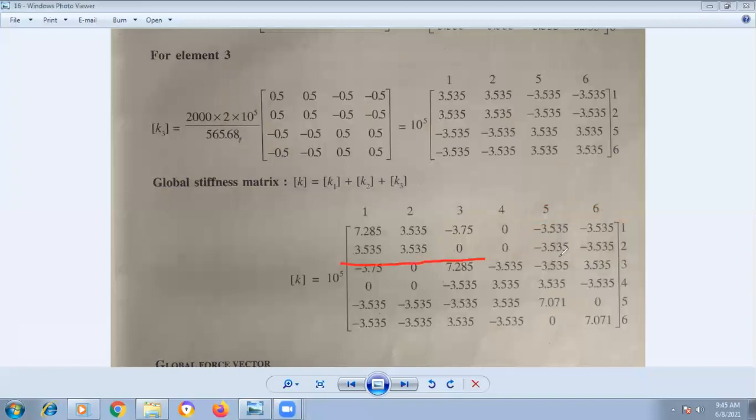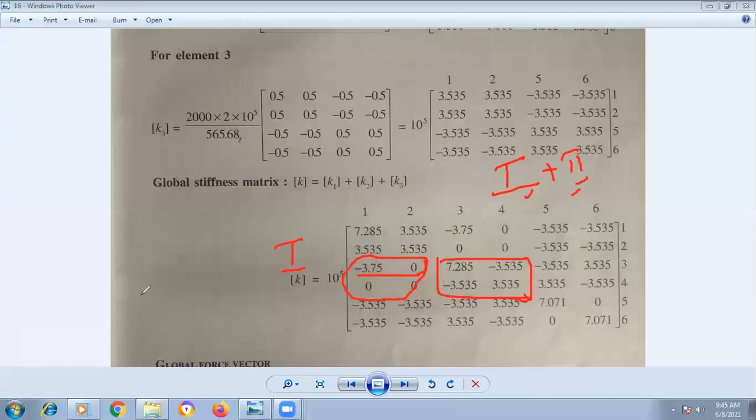Now coming to the second row and third row and fourth column. Here you do not have any problem because this is according to the first matrix itself. This is from the first matrix. Here it gets added. This is a combination of first and second matrix because K34, K43, K44 and K33 are present in both first and second matrix.